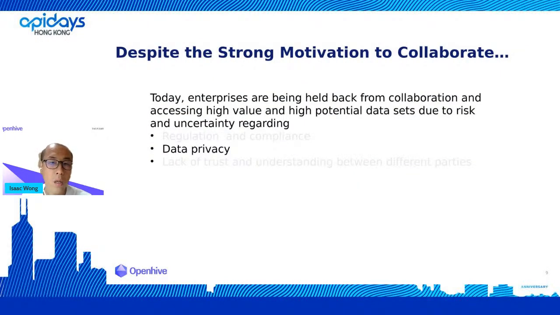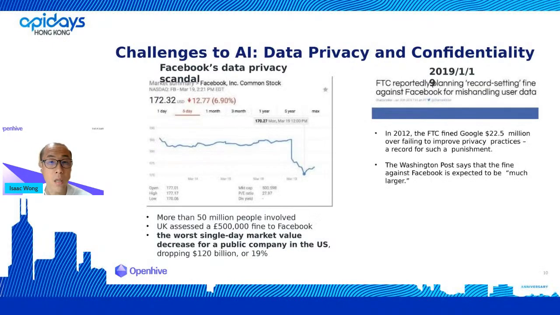And furthermore, data privacy itself is being looked into in a very stringent way by regulatory bodies. For example, you can see during 2019, Facebook was heavily fined for the misuse of data related to the Cambridge Analytica incidents, and also for the data leakage at the end of 2019.